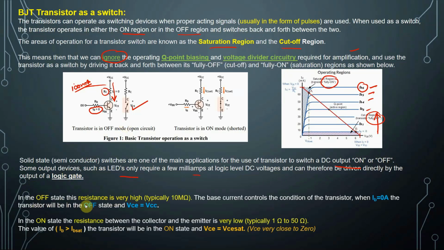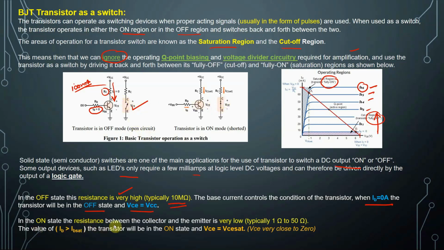So in the off state, again, resistance is very high, typically at a level of 10 megaohms. The base current controls the condition of the transistor. When IB is equal to 0, the transistor will be off, and the voltage between VCE will be equal to VCC.